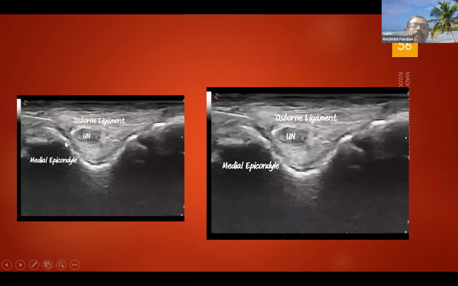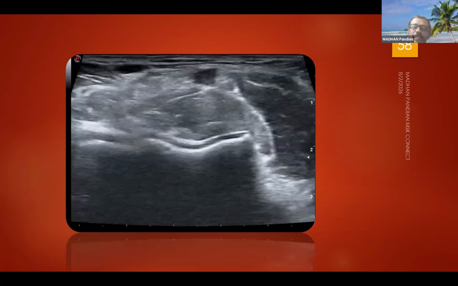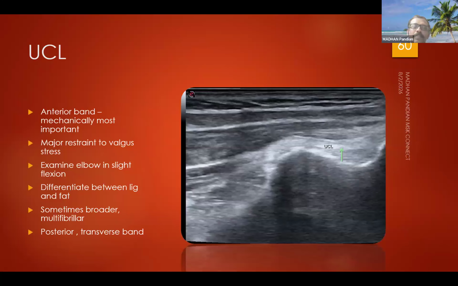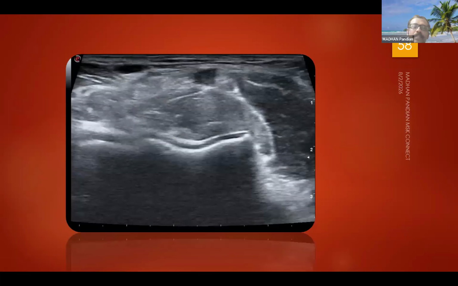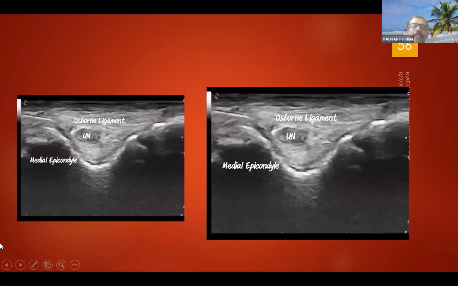You can see the medial epicondyle there, and there's the ulnar nerve, above which you have the Osborne ligament, and below which you have the posterior band of the ulnar collateral ligament. Basically, the ulnar nerve is pocketed between the two ligaments there, the posterior band of the UCL and the Osborne ligament.